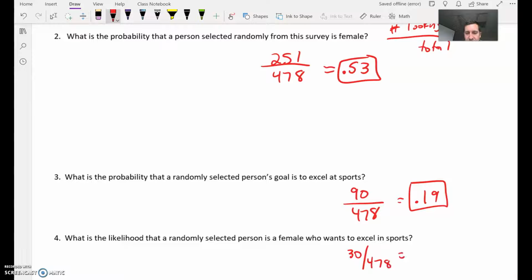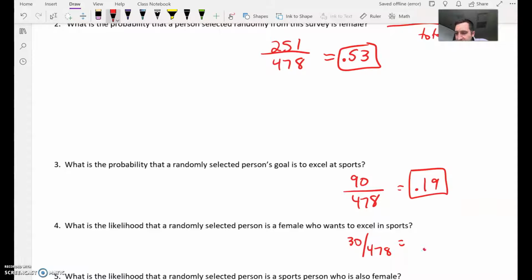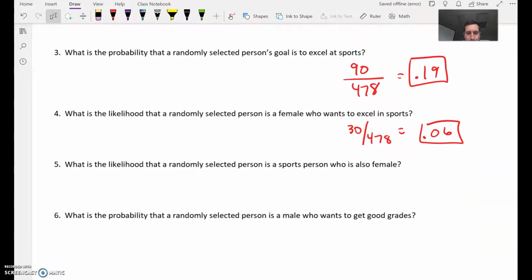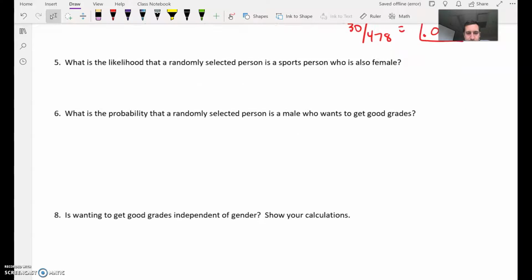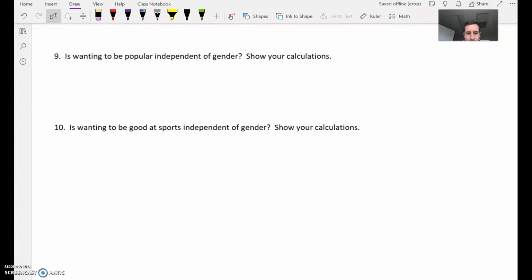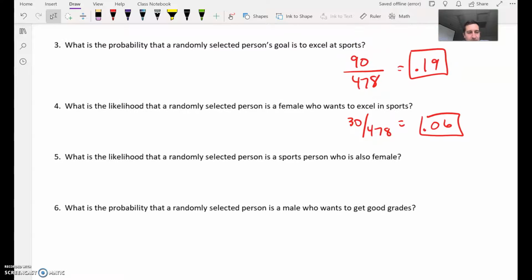Stay with me because it's about to become slightly more complicated. I know so far this is simple division. We don't have to overthink some of these. That is 6%. Okay, let's keep rolling.